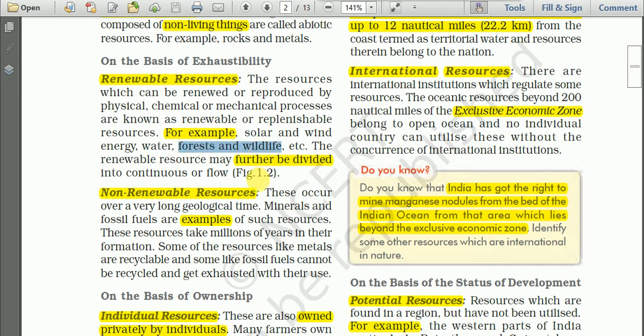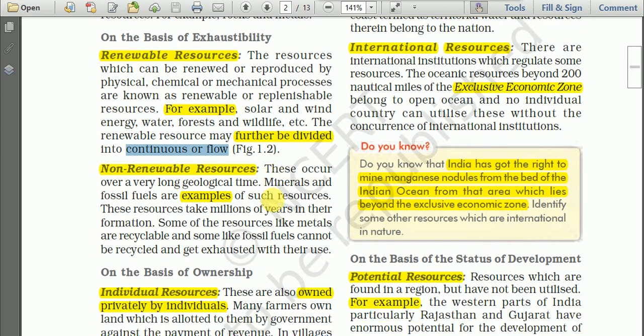Water is renewable through the hydrological cycle, and renewable resources may further be divided into continuous and flow, as shown in figure number 1.2.